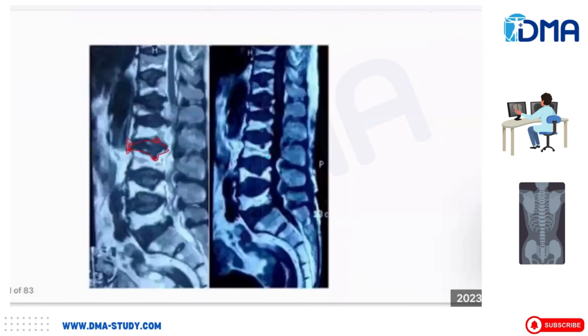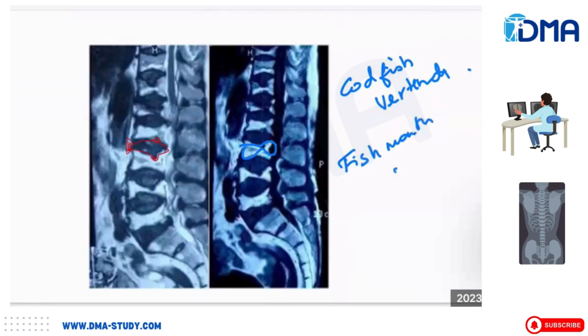See the fish appearance, or fish vertebrae. This is a codfish vertebrae and this is a fish mouth vertebrae, seen in case of sickle cell anemia.